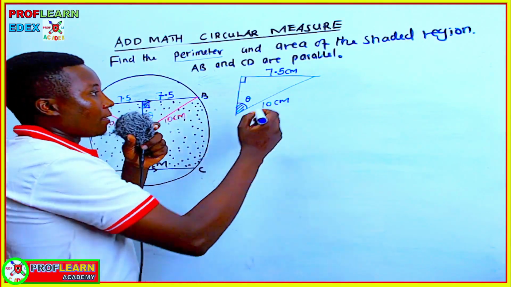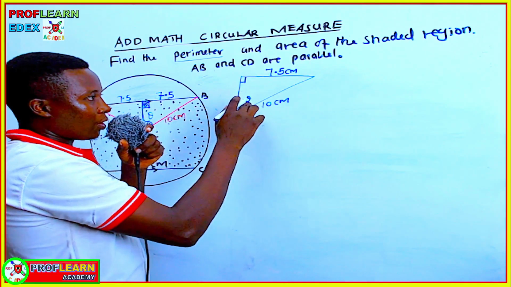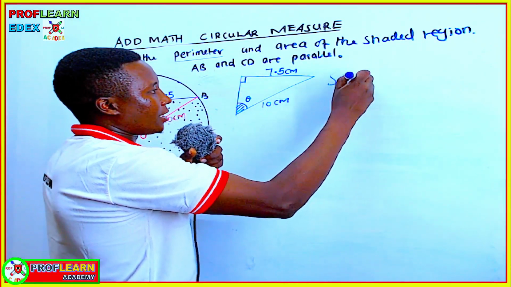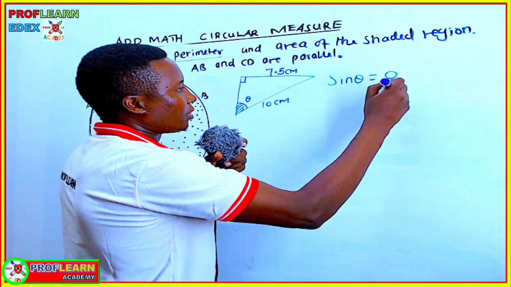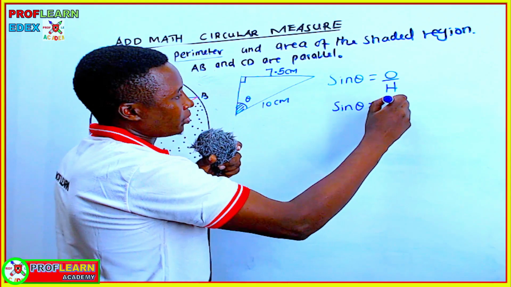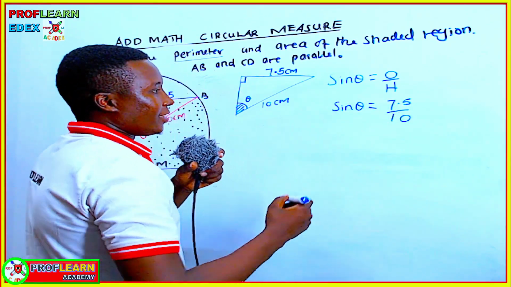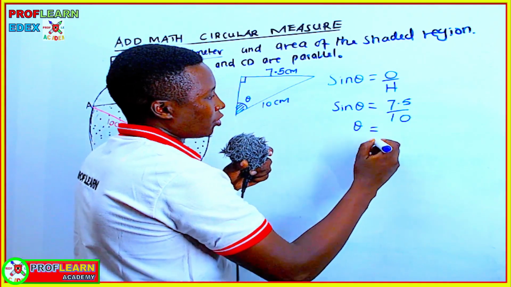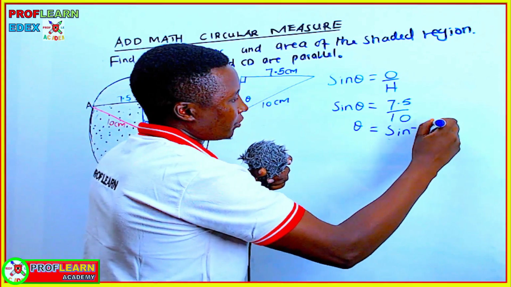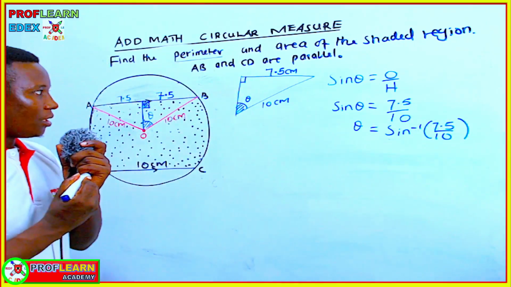Because we have the hypotenuse and the opposite to this angle, sine theta equals opposite over hypotenuse. So sine theta equals 7.5 over 10. Then our theta is going to be equal to sine inverse of 7.5 over 10.